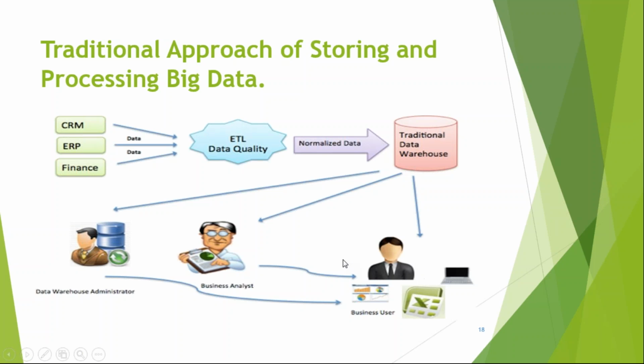Those reports are used by business users, business analysts and administrators. Then they take decisions based on the reports, such as promotions and campaigns, to improve their business. They take the business decisions.